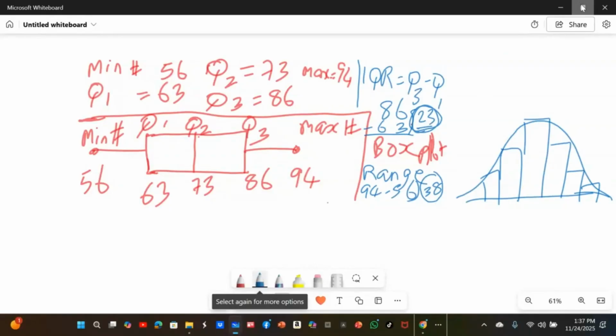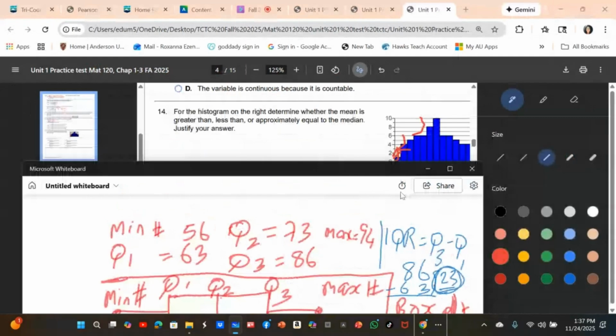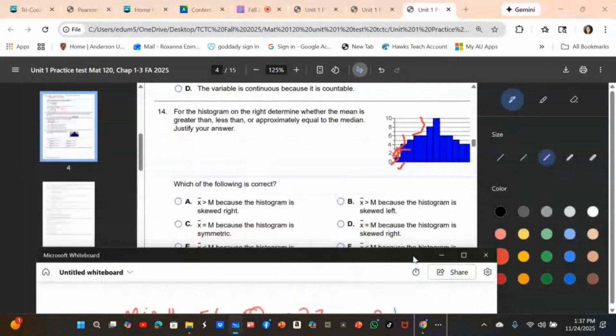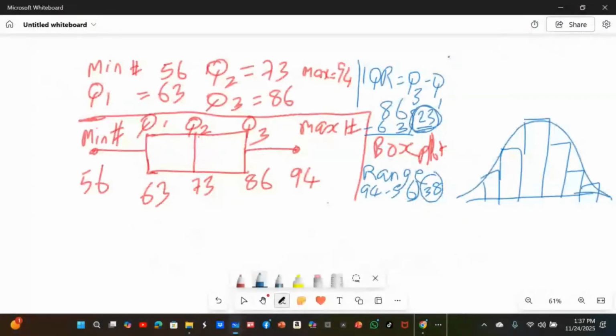So I can say that the mean for the histogram on the right is approximately equal to the median. Because the histogram looks approximately normal, the mean is equal to the median.